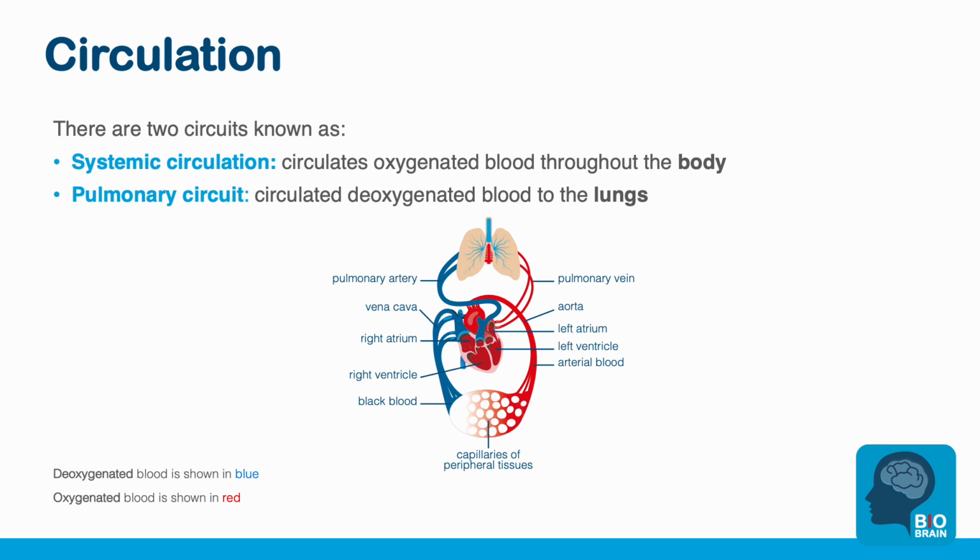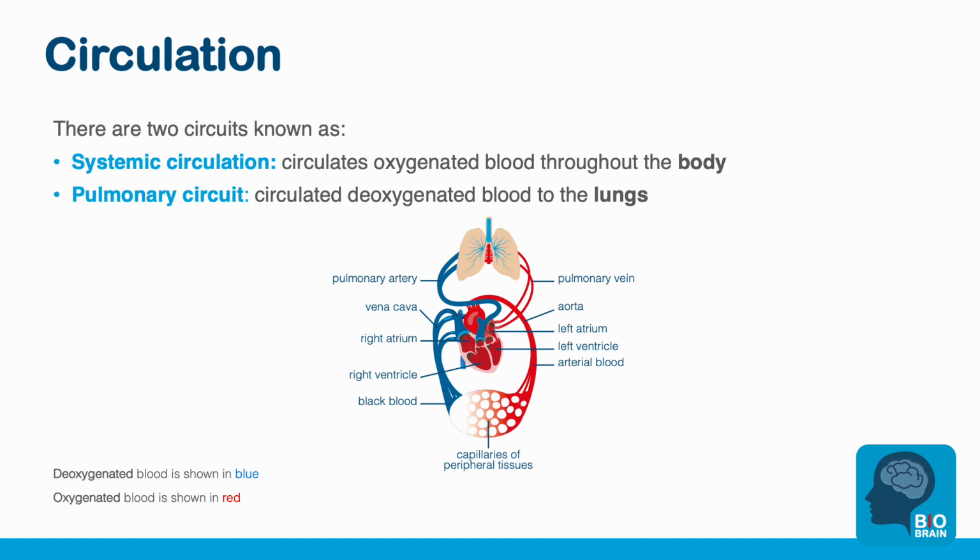The right side of the heart is working at the same time, and this is called pulmonary circulation. The reason it's called pulmonary circulation is because the Latin term for lungs is pulmonaris. So remember, pulmonary circuit means lung circuit.